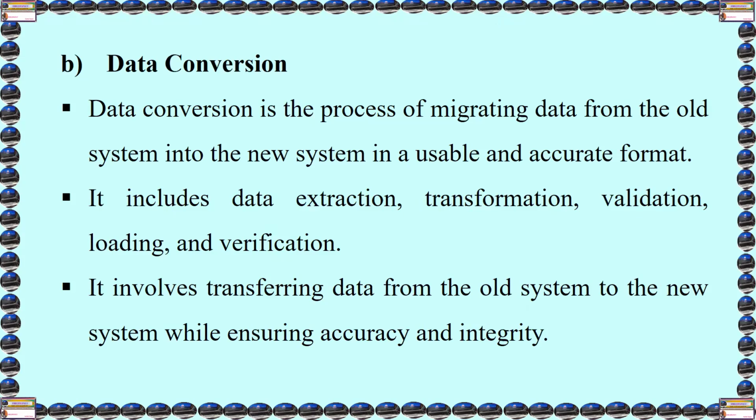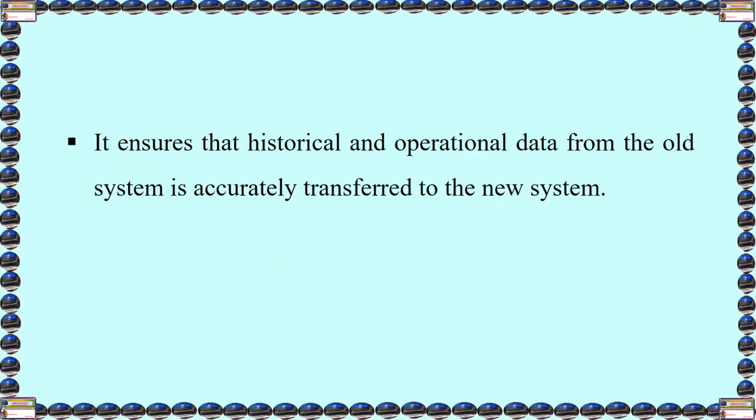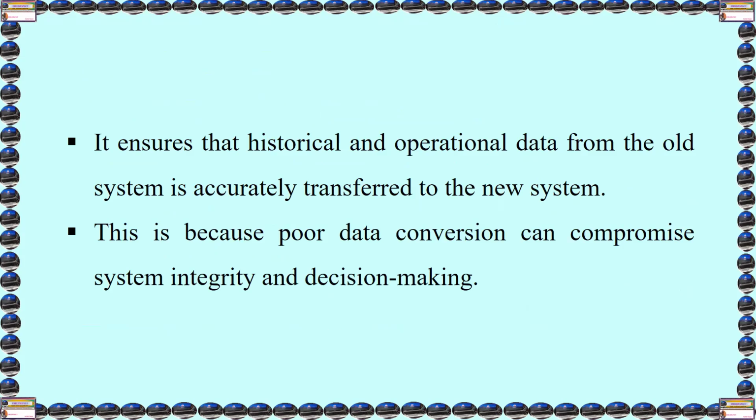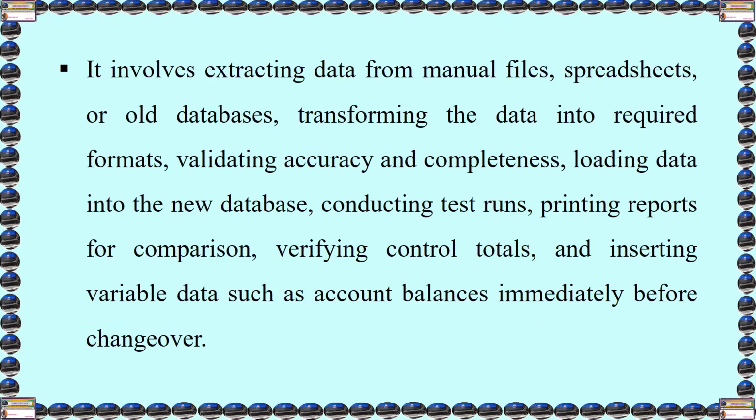It involves transferring data from the old system to the new system while ensuring accuracy and integrity. It ensures that the historical and operational data from the old system is accurately transferred to the new system. This is because poor data conversion can compromise system integrity and decision-making.